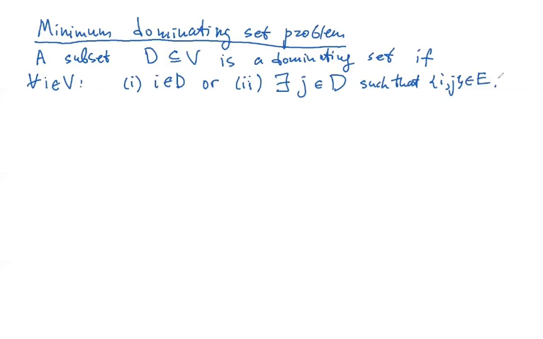Okay, so now, of course, the minimum dominating set problem would look for a dominating set of the smallest cardinality.